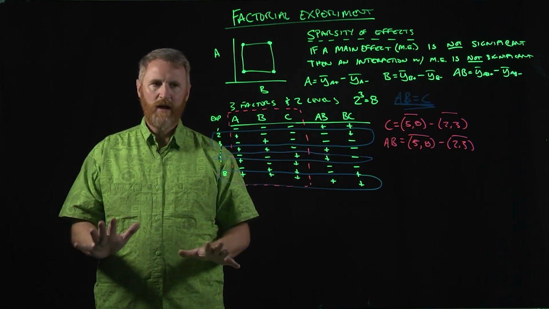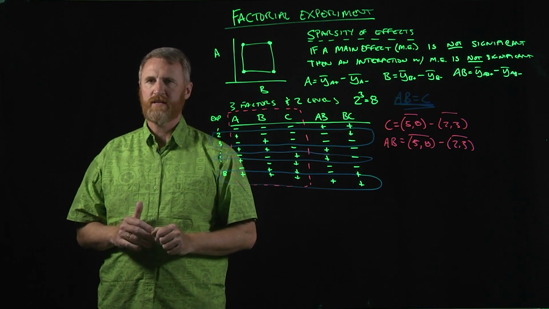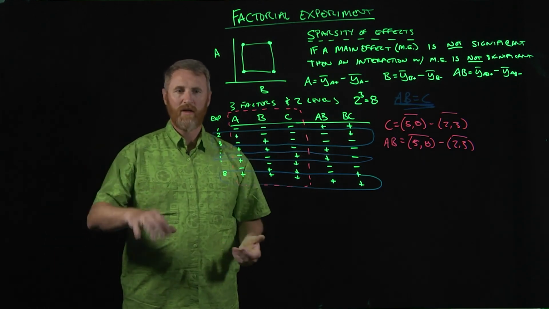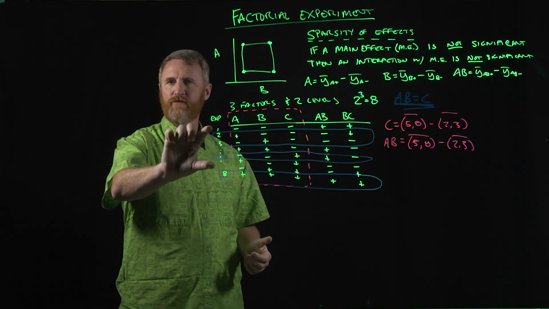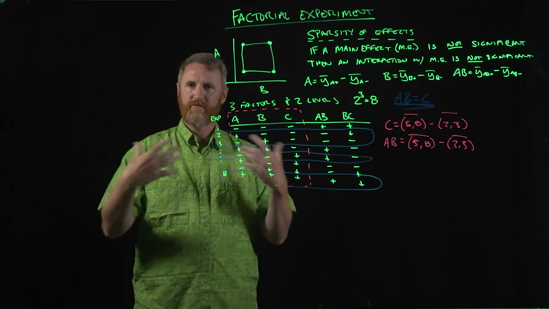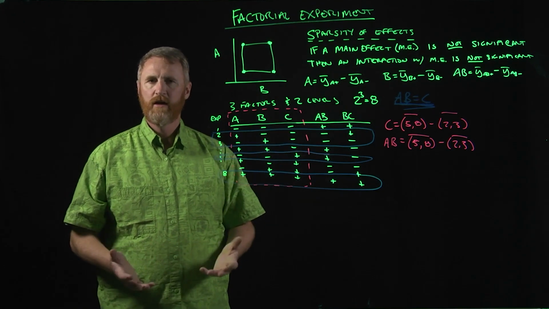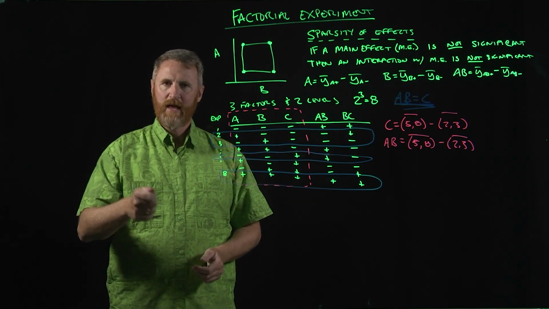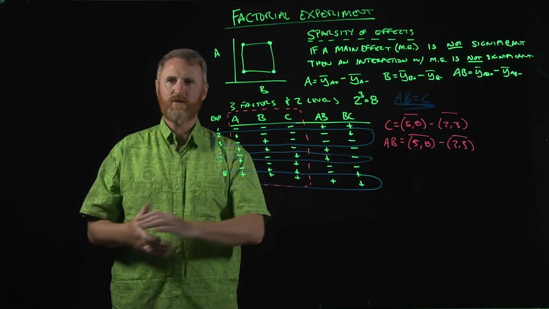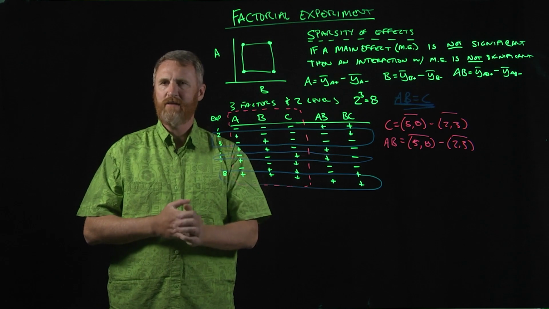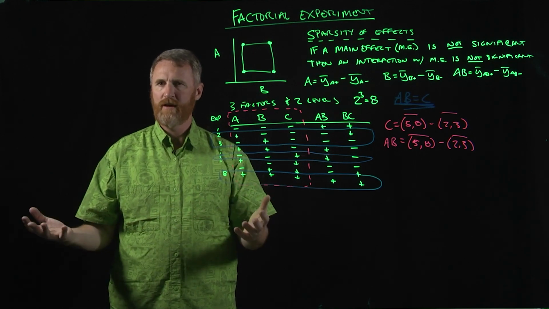If, however, I find multiple factors are significant, well then guess what? I can just go and run the other four, the other half of the fraction, and then I can figure out whether A, B, C, or what interactions are significant. But if I get lucky and I find that A and B are not significant, and C is the only factor that is, then I've run half the experiments and I'm fine. Okay.